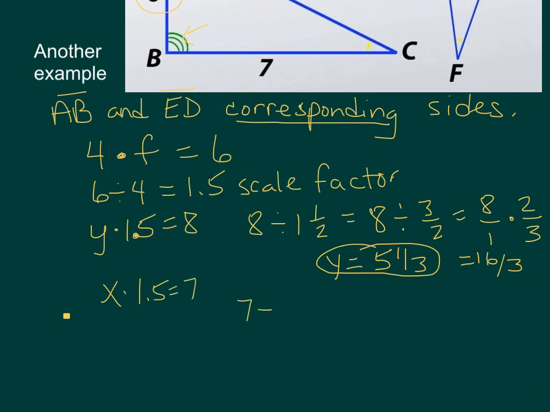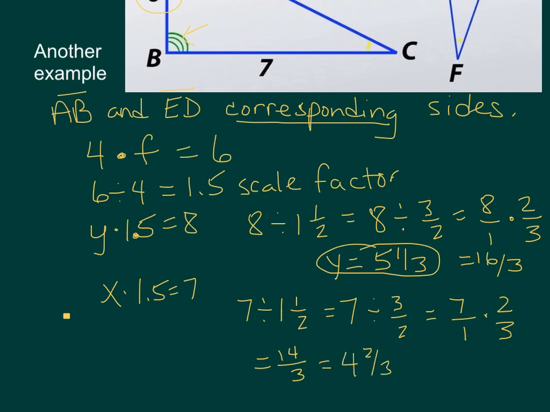So I'm going to take 7 divided by 1 1/2. I apologize for how these numbers didn't turn out so nice, but they often don't. So don't be alarmed if they don't turn out really nice, because it's just the way life is sometimes. So my x is 4 2/3.